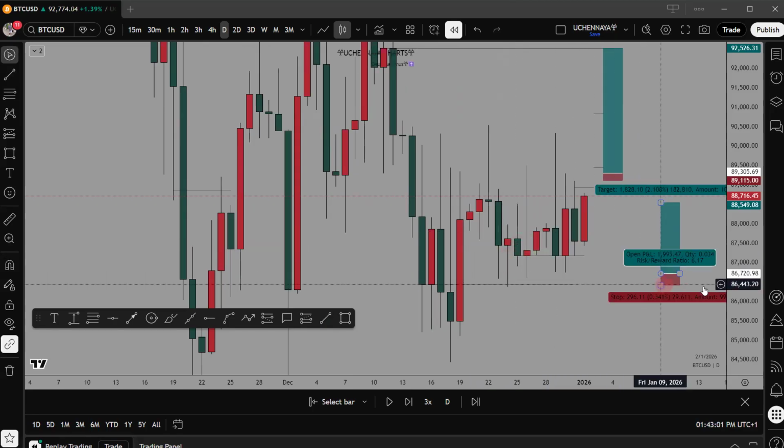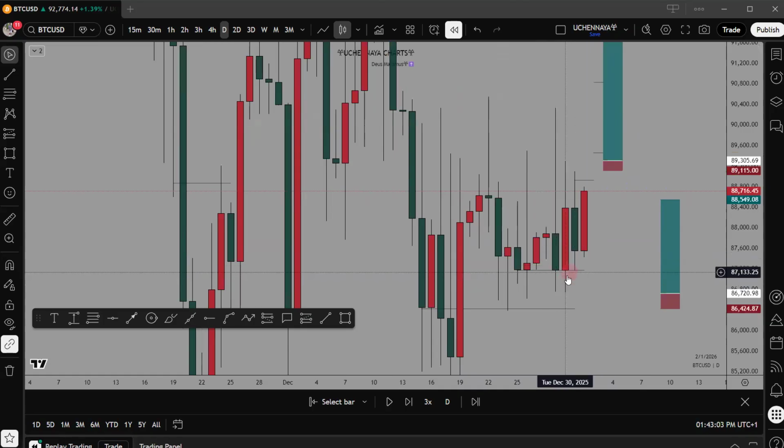And this is where you even started looking for your entry. Another daily rejecting a daily level. So don't just go about chasing all kinds of entries, just stick to your plan and stick to your system. It will come.